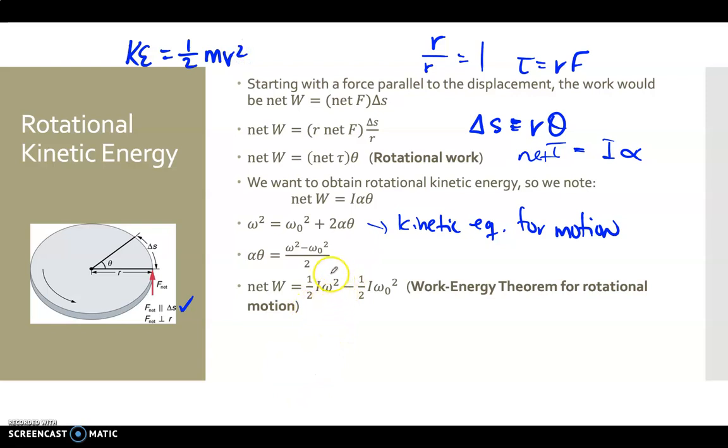This is exactly what this is saying for rotation. So our rotational kinetic energy is equal to 1/2 times our inertia times omega squared, where omega is our angular velocity.